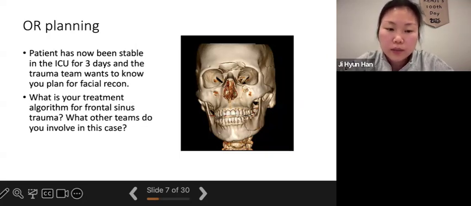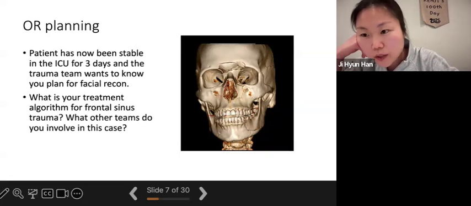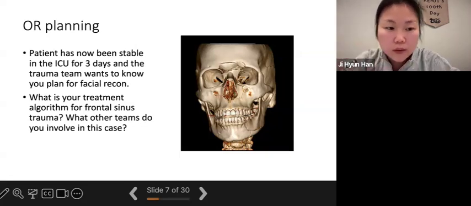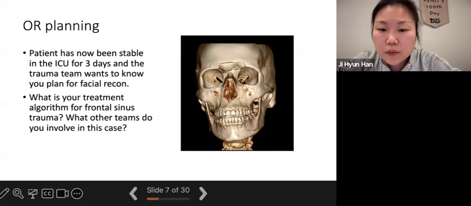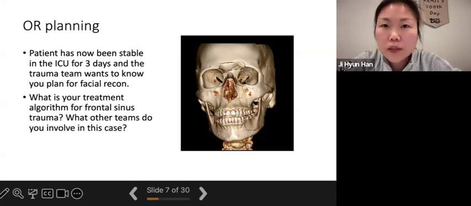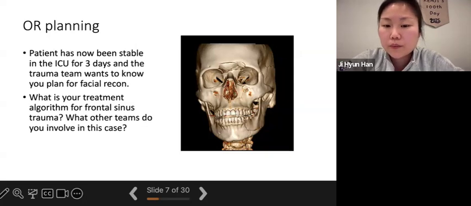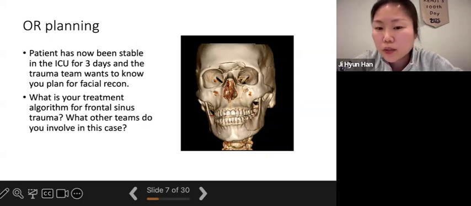Based on this finding, I would want to get neurosurgery involved, because this patient has an anterior table, posterior table, and what looked like involvement of the frontal outflow tract on that quick video. Neurosurgery would be involved because we would want to do cranialization of the frontal sinus.